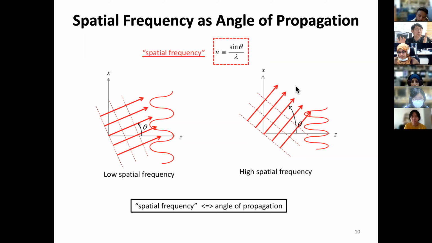That information could be lost in your image, which is why you get lower spatial resolution. While low spatial frequency or bigger features will have a lower spatial frequency that's likely to get passed through your optical system. So you can reconstruct a rather poor resolution image, but you can easily reconstruct that image.